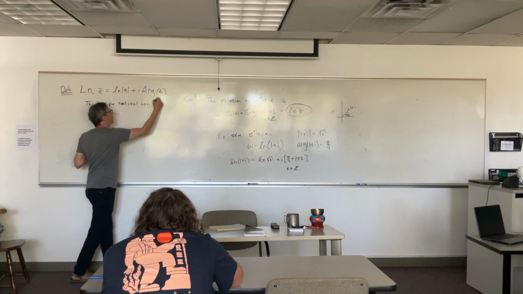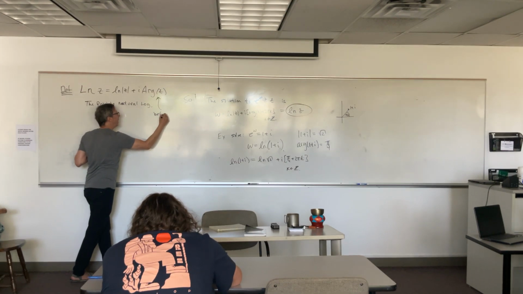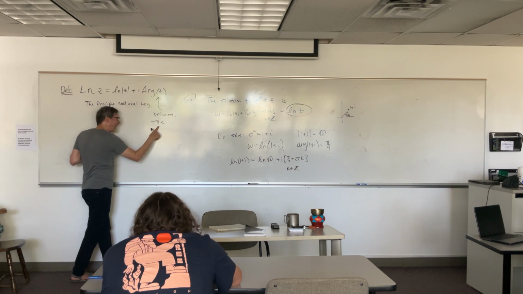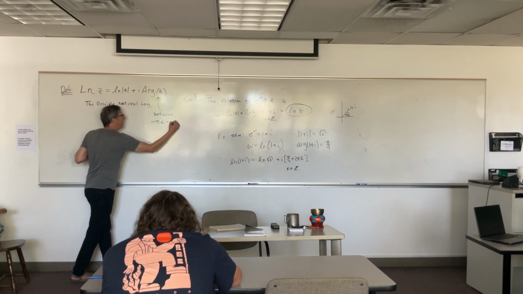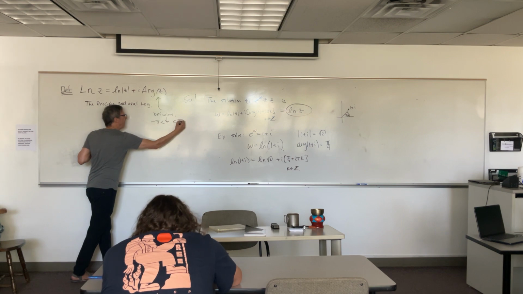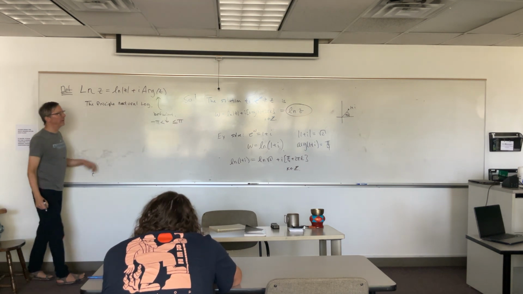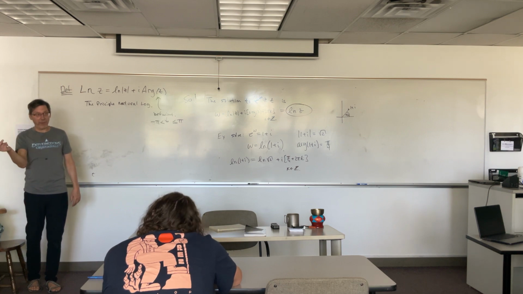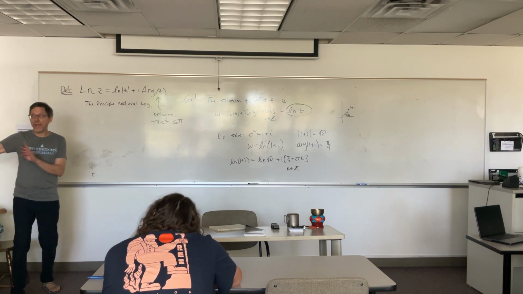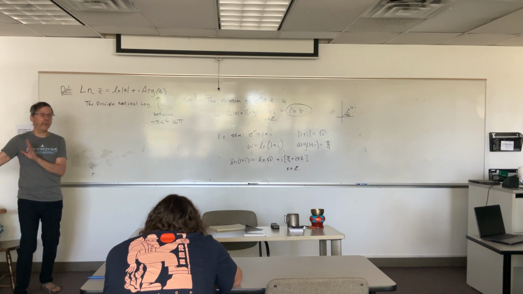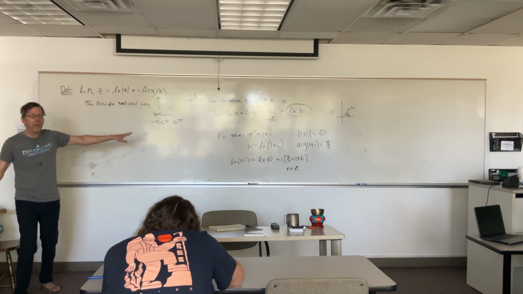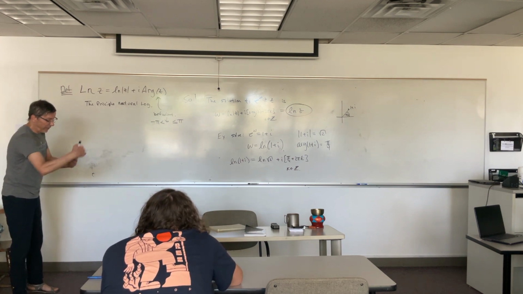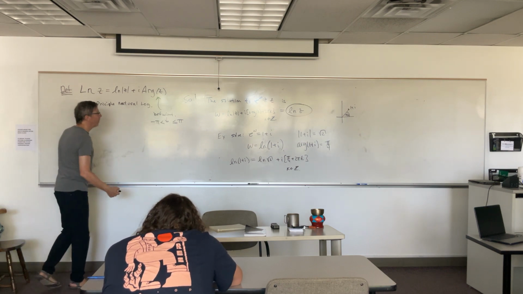And remember, this principal argument is between negative pi and pi. We can't get to negative pi, but we can get to pi. So if you're in the top half of the plane, use a measurement between 0 and pi. If you're on the negative real axis, you're going to say pi is the argument, and then negative values for underneath.